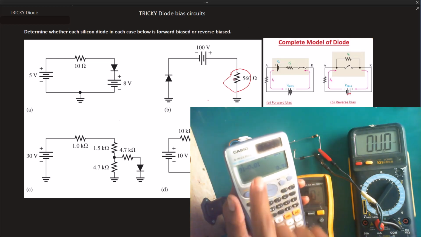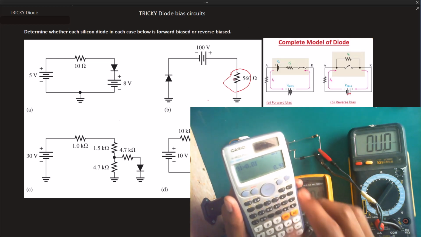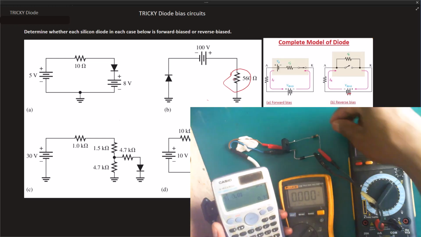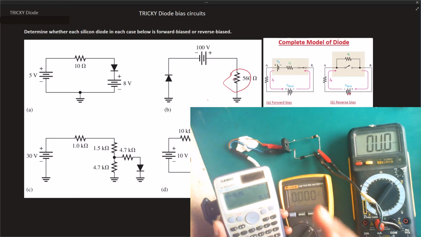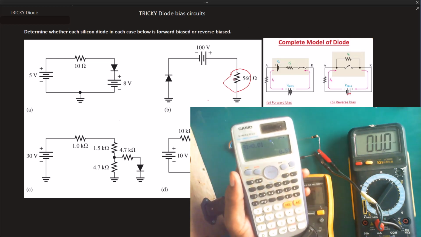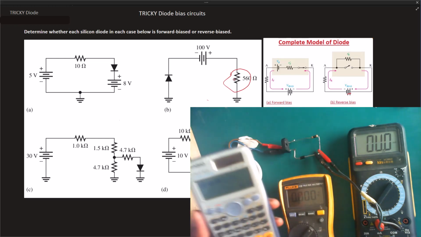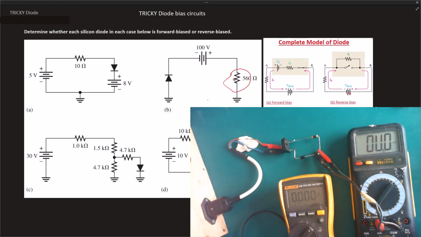You're going to get about 0.9 watts. That's about 1 watt. So a resistor like this, which is a 2 watt resistor, will be able to sustain it. You need a big resistance value so you can limit the current to about 10 or 20 milliamps, something like that. Then a 2 watt resistor will be able to stand in your circuit. Otherwise you're going to have smoke and your circuit will get damaged in a matter of time.